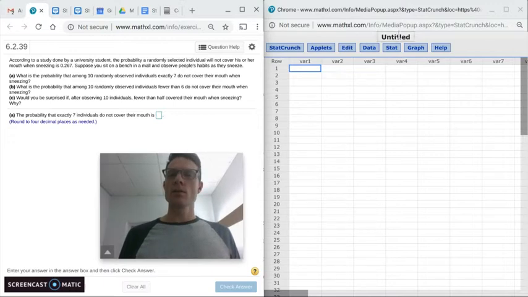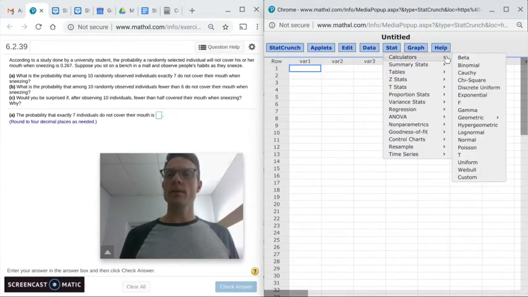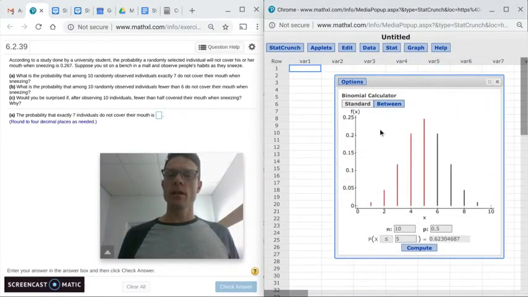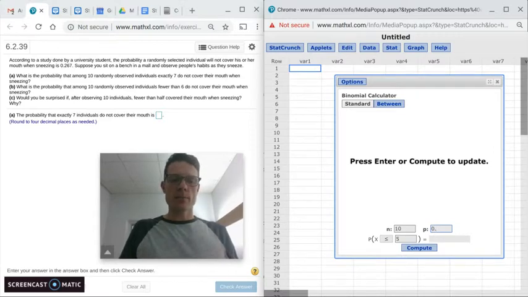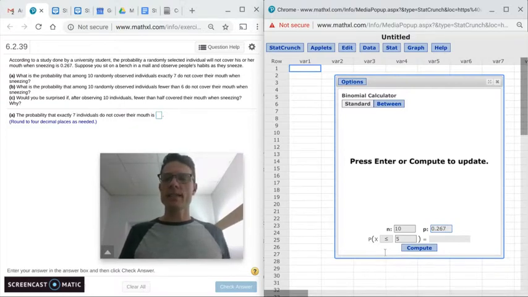Okay, so we can just go to our binomial calculator and ask, if I did 10 trials and the probability of having them not cover their mouth is 26.7%, what's the probability that exactly 7 people do not cover their mouth?